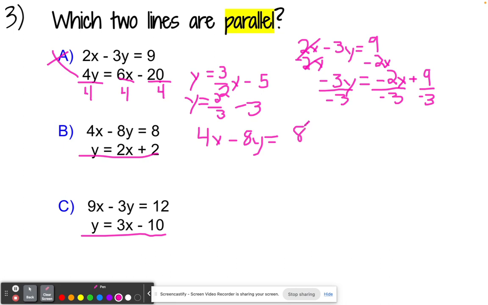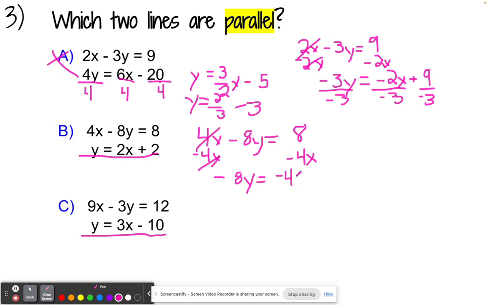I need to subtract 4x from both sides. And I get negative 8y equals negative 4x plus 8.